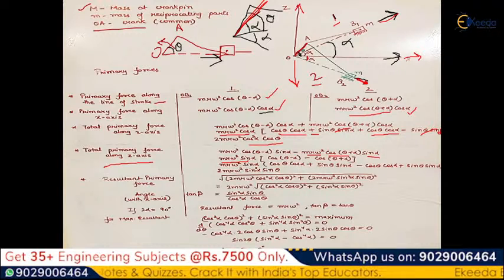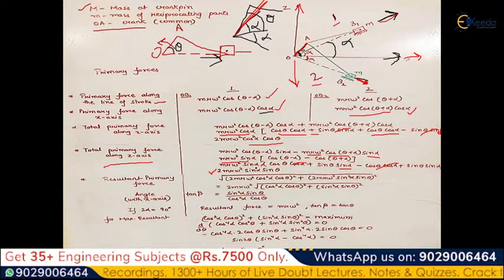If we expand these trigonometric equations, it becomes cos theta cos alpha plus sin theta sin alpha minus cos theta cos alpha plus sin theta sin alpha. So these two get cancelled out, and we are left with 2mr omega square sin square alpha, because one sin alpha was outside the bracket and one we are getting from inside the bracket. So it becomes sin square alpha sin theta.